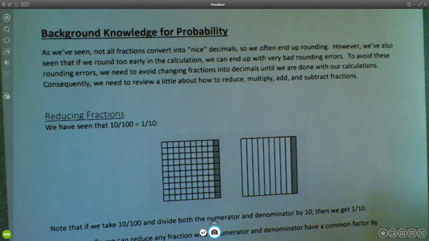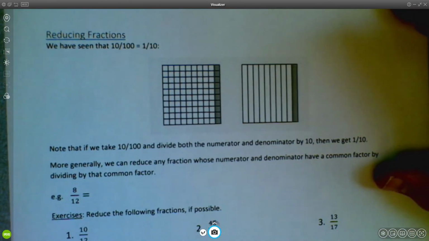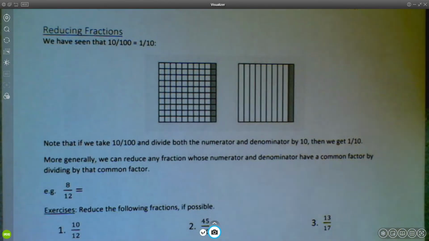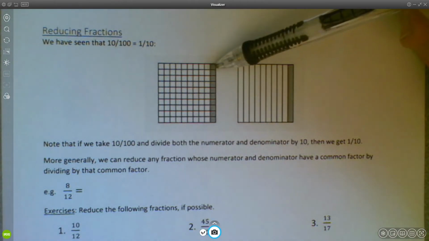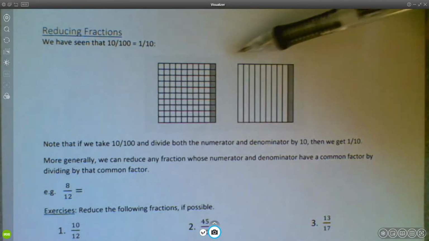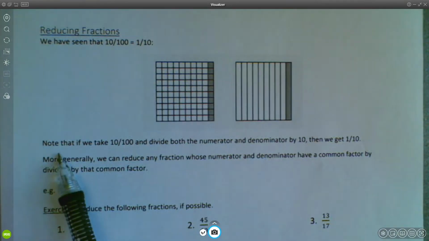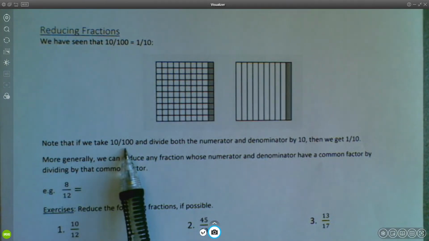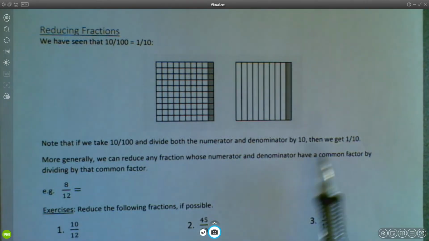So in a previous background lecture, when we were talking about converting between fractions and decimals, we talked about the fact that 10 hundredths is the same as 1/10. And this picture kind of shows us why that would be the case. Note that if we take 10 1/100ths and divide both the numerator and the denominator by 10, then we would get 1/10.